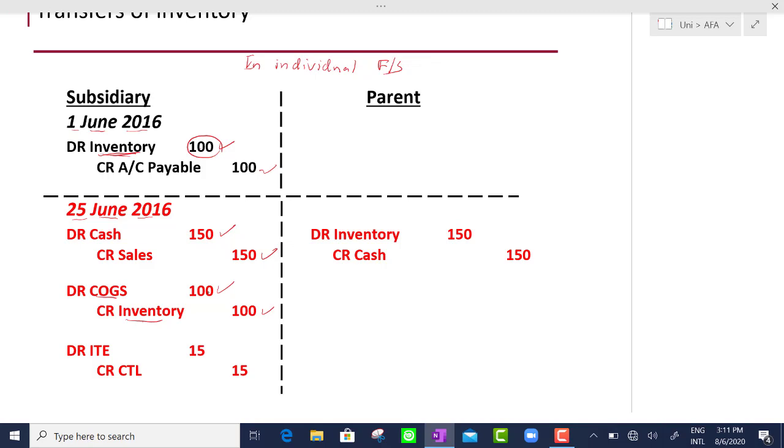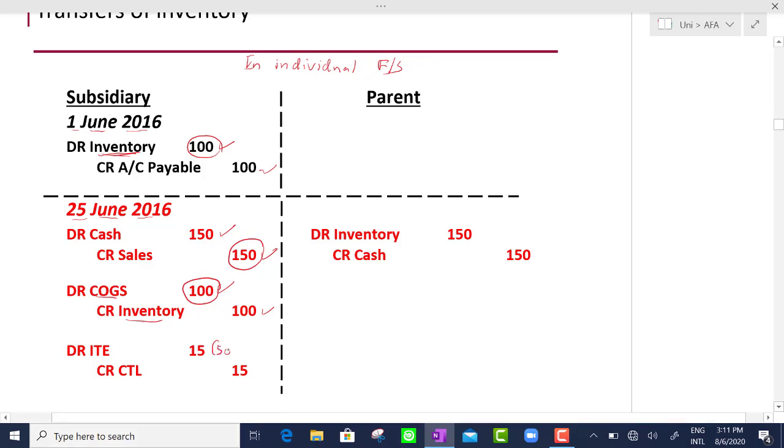Right. So what happens, because of this sales transaction, the subsidiary company recognized 50 profit. Because sales is 150, cost of goods sold is 100, therefore 150 minus 100, the subsidiary company recognized 50 profit. If there is a profit, right from the beginning we assume the tax rate as 30%.